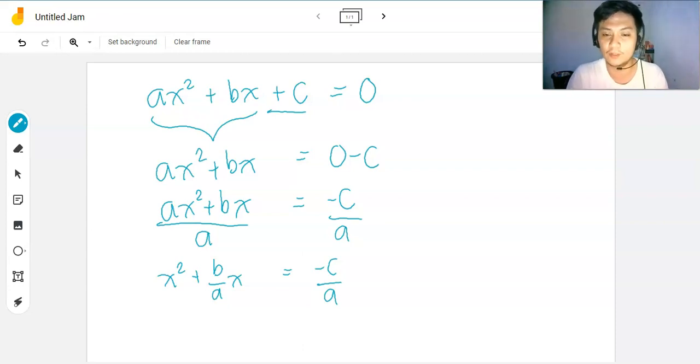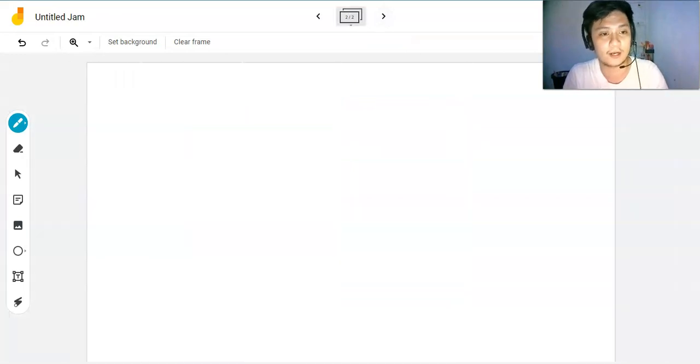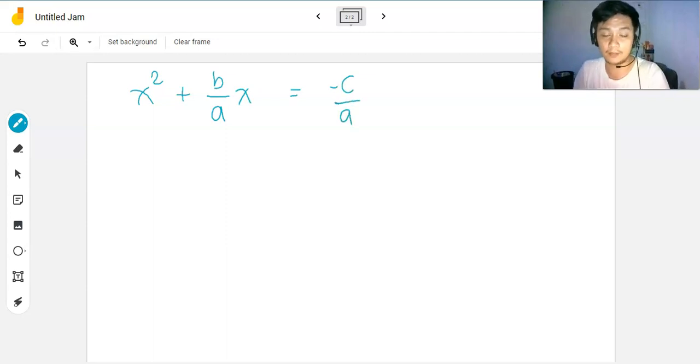So what do we do? We take the coefficient of x, which in this case is b over a. Ayan. So let's just use the next frame para mas maraming space natin. So i-write ko muna x squared plus b over a of x equals negative c over a. Ayan. So again, we have to make use of the coefficient in the linear term, which is b over a.